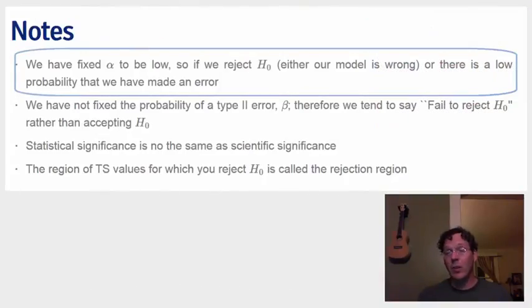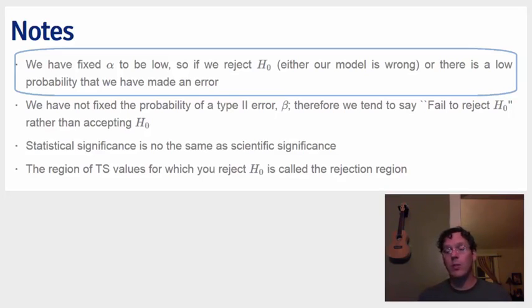Notice we've actually set our type 1 error rate to be small, so we've controlled the probability of a type 1 error. In other words, what this means is the probability under the null hypothesis of getting a test statistic as or more extreme than these rejection regions that we've created, these cut points, is low, 5% or so.